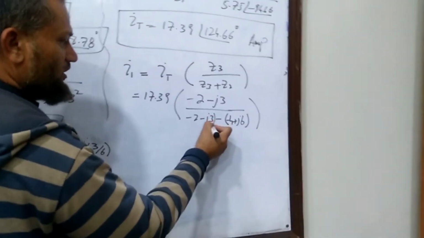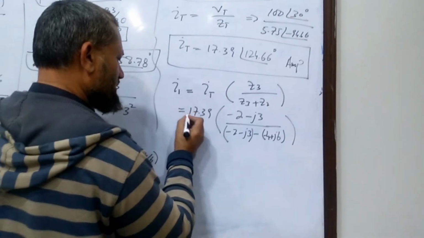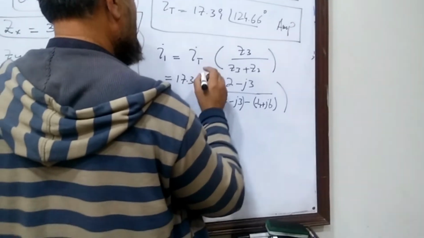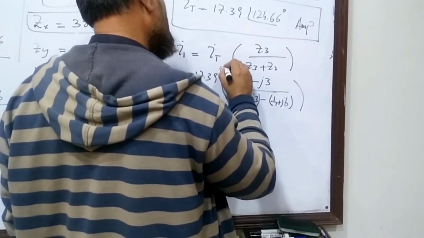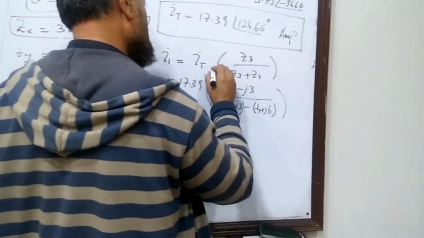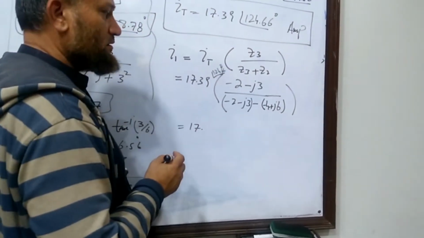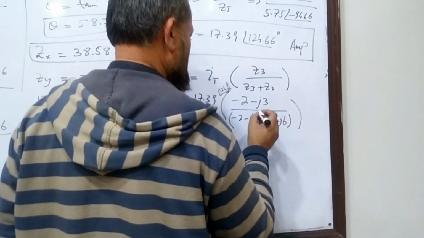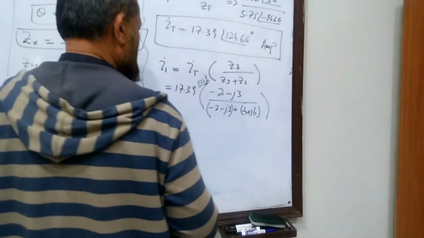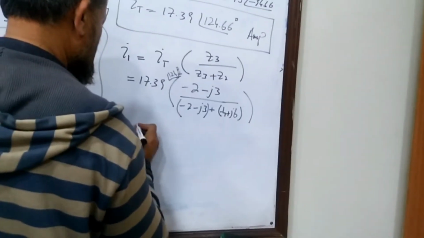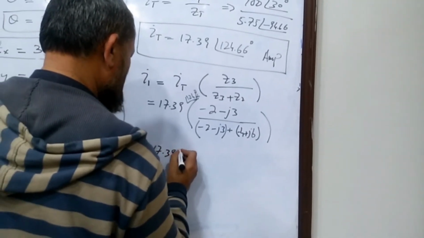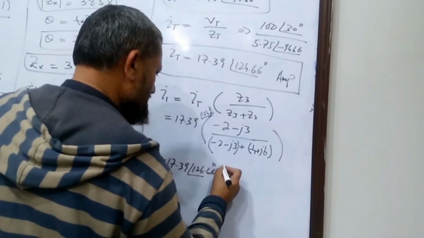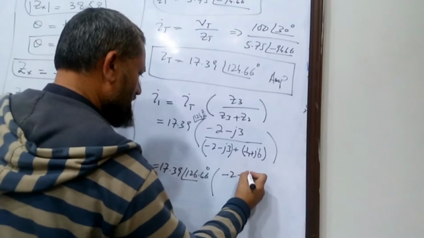Take over here 17.39, what was the angle of this? 124.66. Z3 plus Z2, plus on top, minus below. So look at over here: 17.39 angle 124.66. Understand? And minus 2 minus j3.